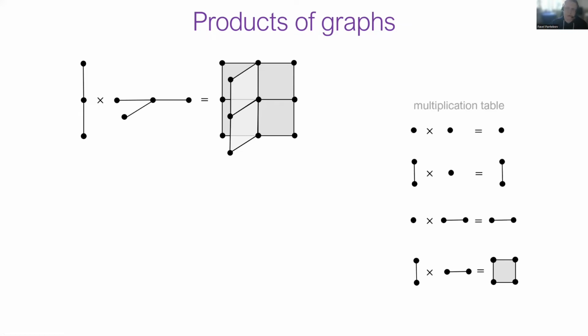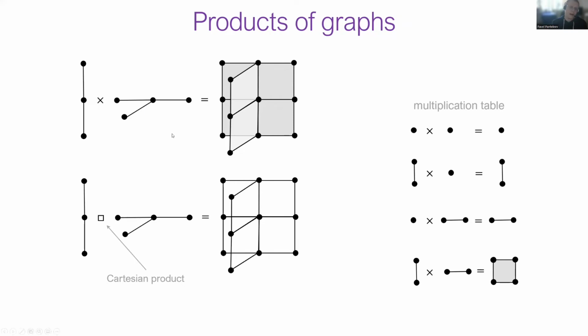And here, of course, we use this straightforward multiplication table. In computer science, people usually work not with this construction, but with the Cartesian product. In the Cartesian product, we just remove these squares and use only the one-skeleton of this complex.